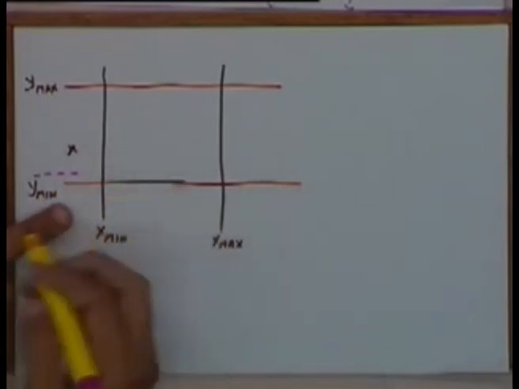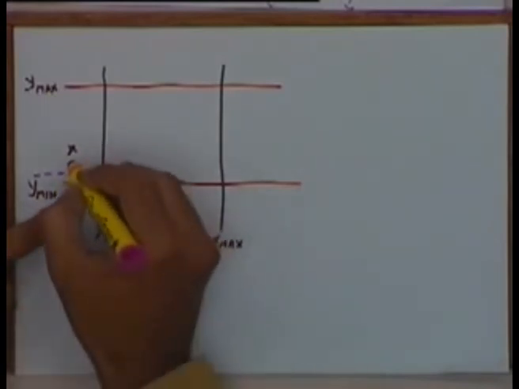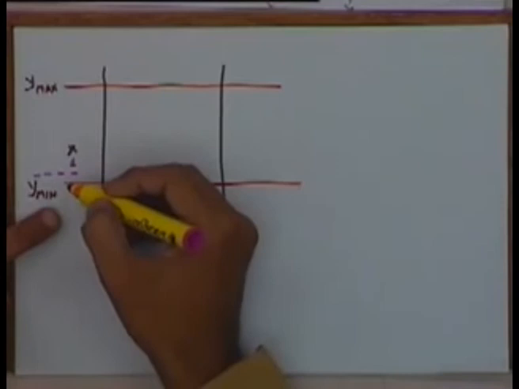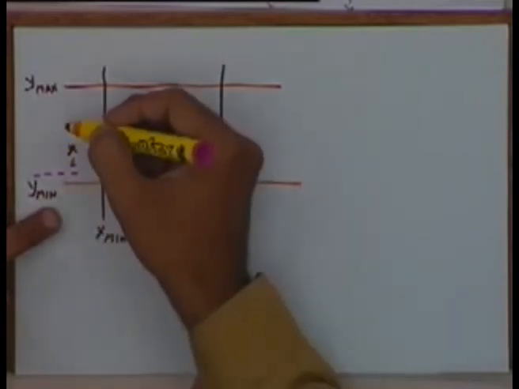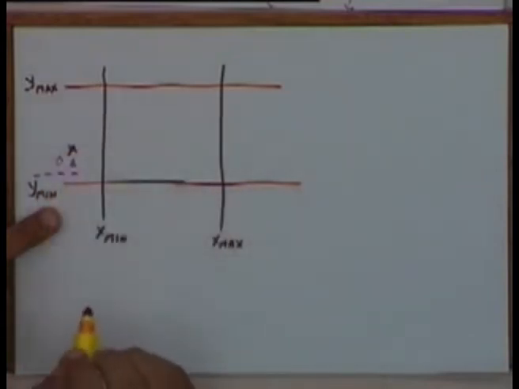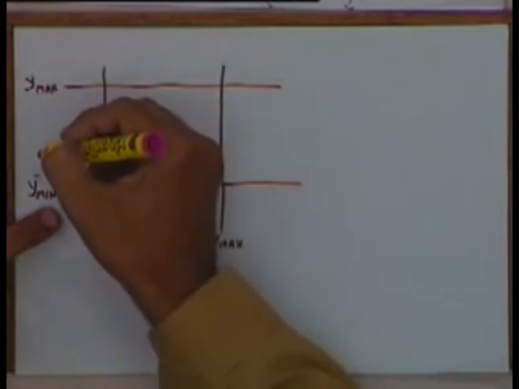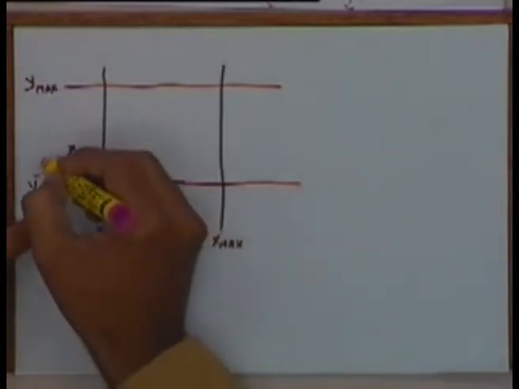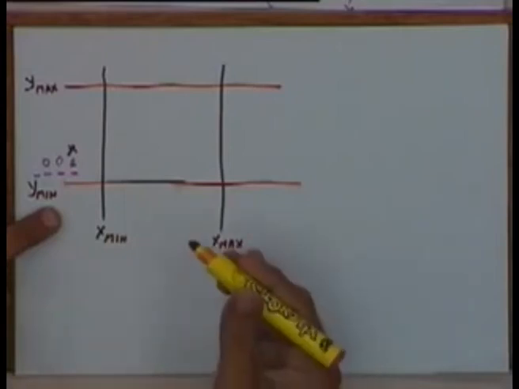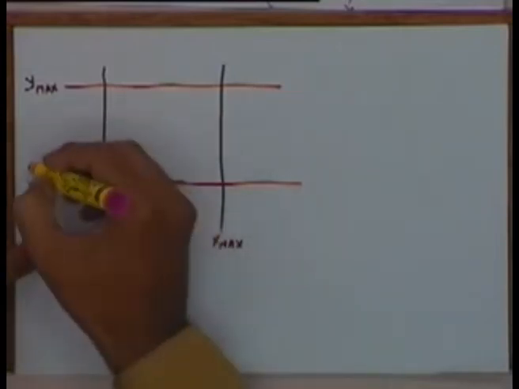Since this point is to the left of the x-min line, we will give it a code of 1. If it is above the y-min line, we will give it a code of 0. It is below the y-max line, we will give it a code of 0. And it is to the left of the x-max line, we will give it a code of 0.